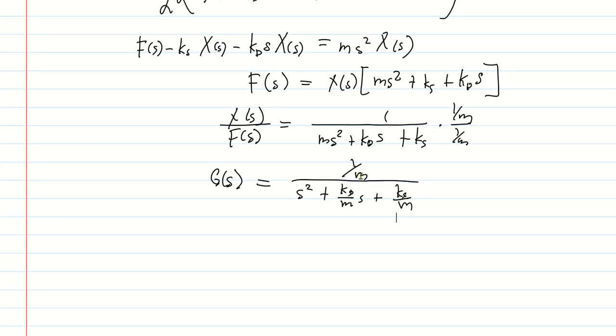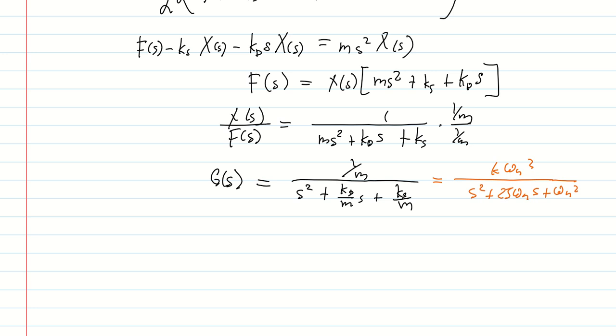So from this, we can determine the different parameters. What is the natural frequency, omega n? Remember the format of the standard transfer function: k omega n squared all over s squared plus 2 zeta omega n times s plus omega n squared. So from that, we can determine our omega n.